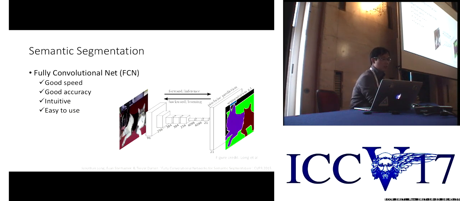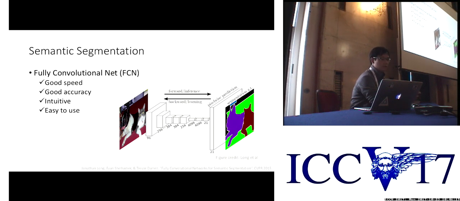And we have the same story on the semantic segmentation task, thanks to the fully convolutional network meta algorithm. Since the development of FCN, almost all the semantic segmentation methods are kind of FCN.